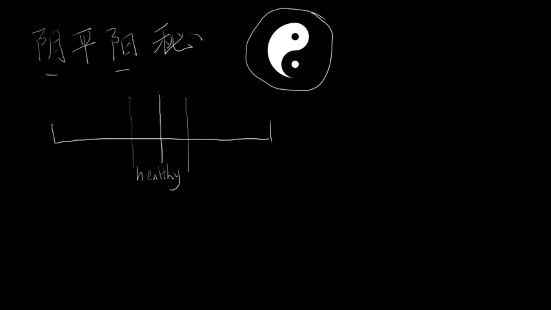For example, this is the optimal health. However, it could be slightly to the left or slightly to the right, but you're still healthy because our body naturally has this ability to achieve homeostasis. So this is like a region where our body is able to bring it back to balance if we are slightly out of balance.